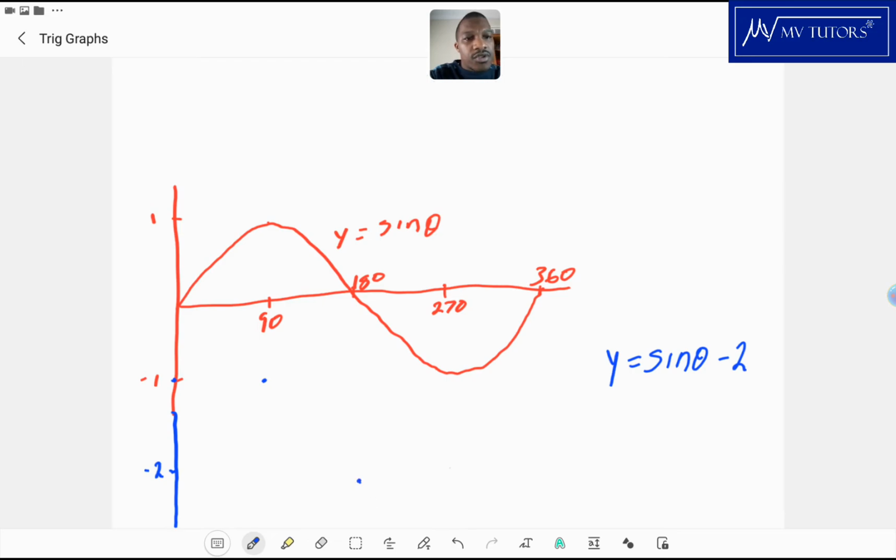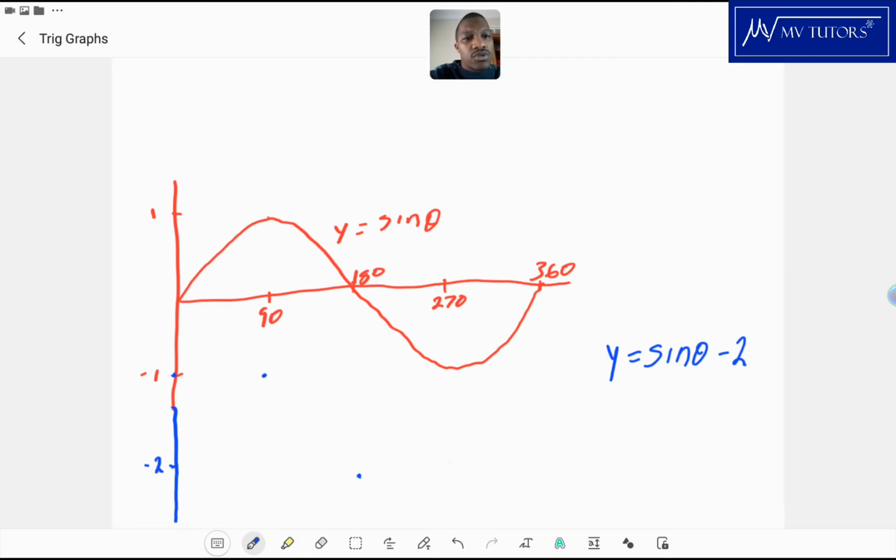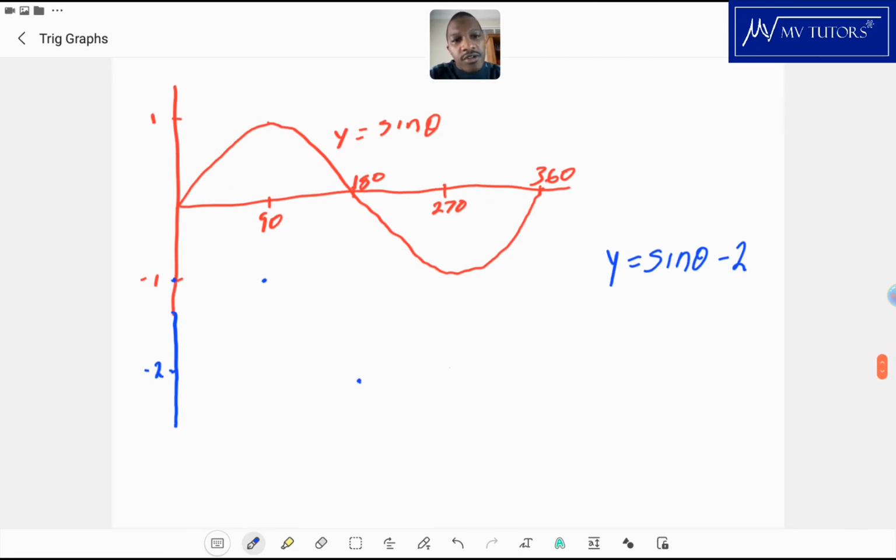And then this one moves from minus 1, it needs to shift twice, it goes to minus 2 to minus 3. So we need a minus 3 as well, so it's going to move to minus 3 right there. And then 360 from 0 to minus 1 to minus 2.